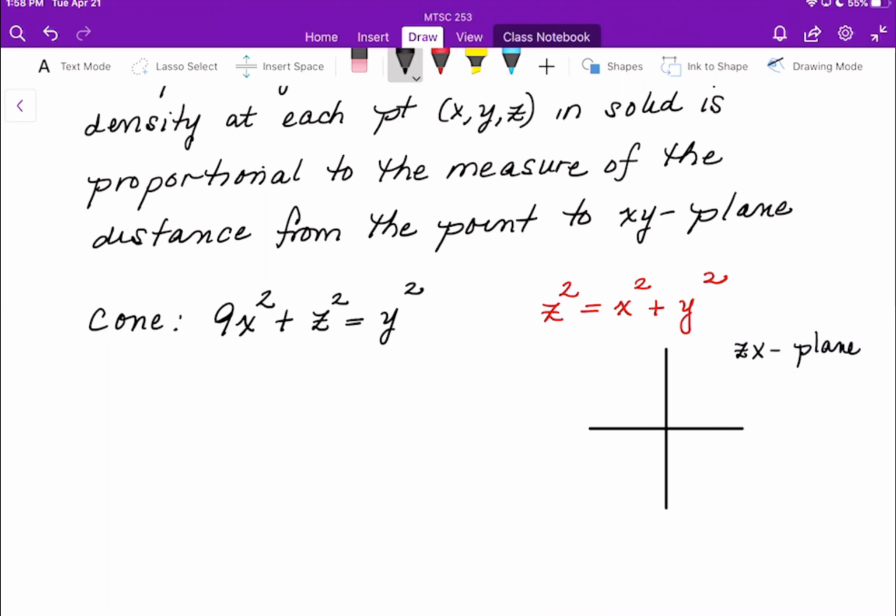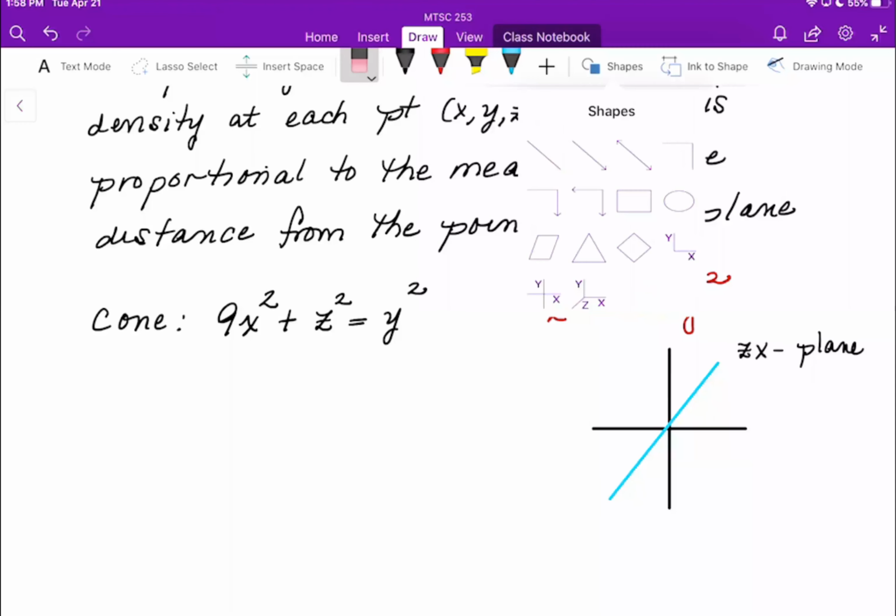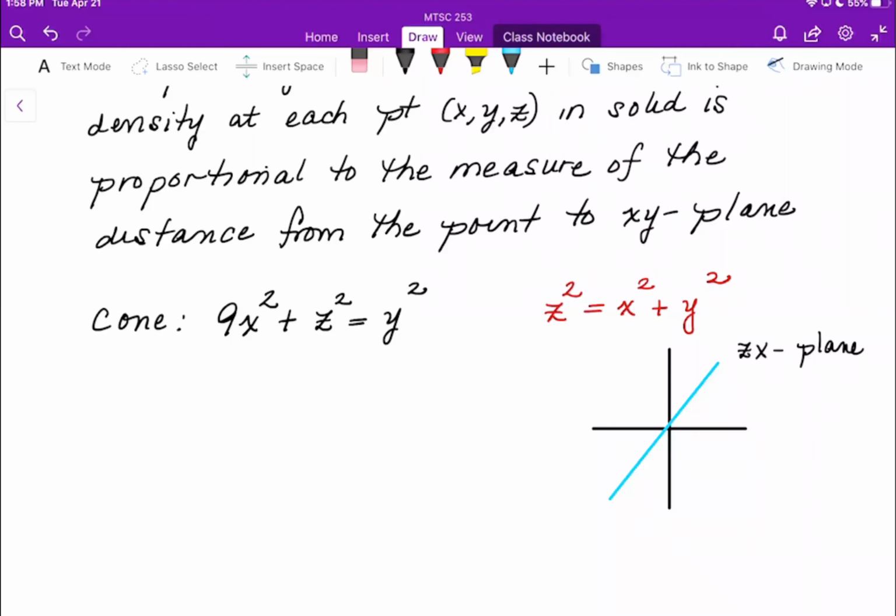In the zx plane, we got something that looked like this. Now that's supposed to be a straight line, but it came out crooked. So in the zx plane, we got something that looked like that.